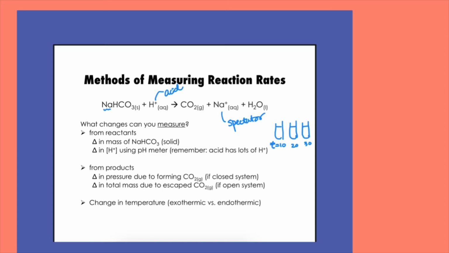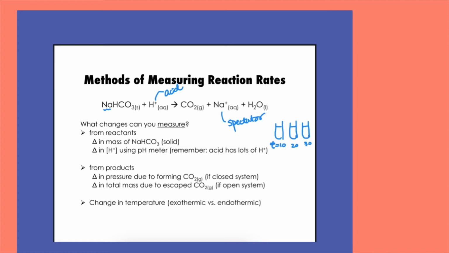So if you were to use a pH meter, you're going to start with a fairly low pH because acids have low pH, and as the hydrogen ion is consumed, the pH level will rise. So you should be able to monitor the pH change over time and use that to measure the reaction rate.